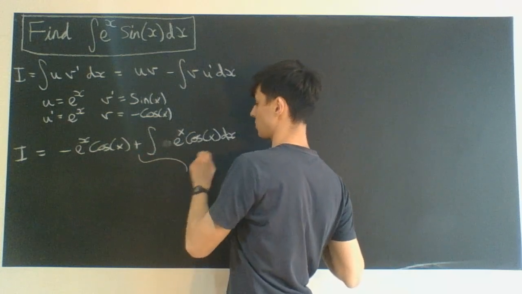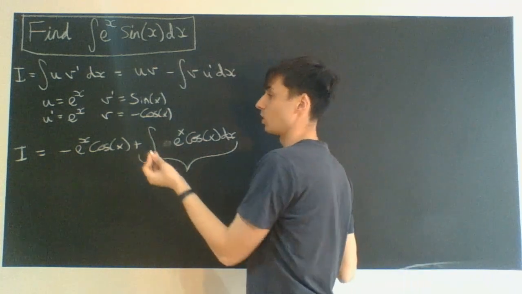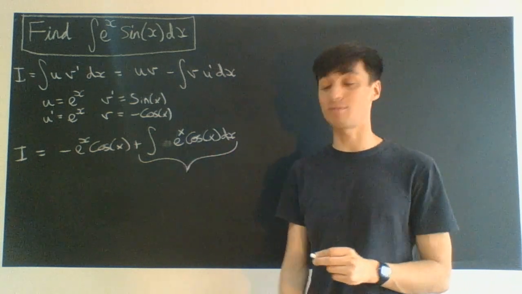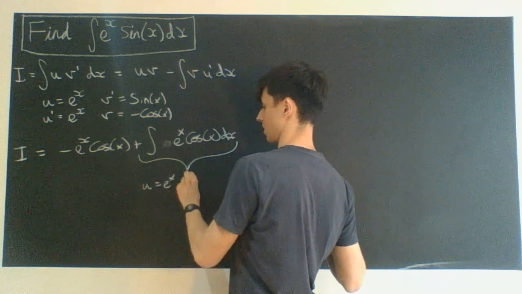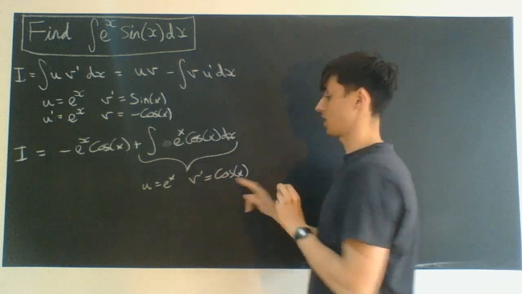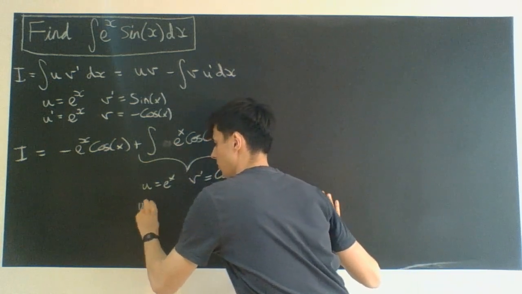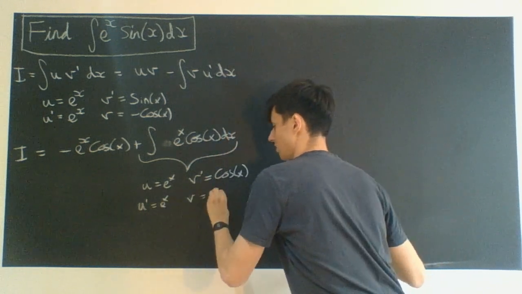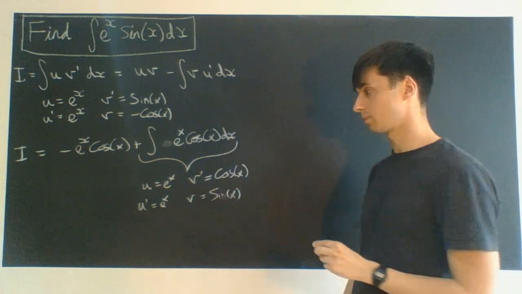So if we now apply integration by parts for a second time on this integral, a key tip here as well is we need to stick with the same thing as u and the same thing as v as before. So our u is e to the x, and our v dash is cos x. That means therefore that our u dash is e to the x, and our v will be sine x. We integrate v dash to get to v.